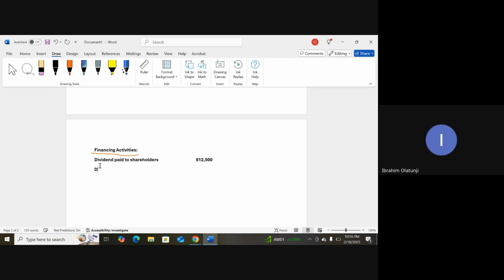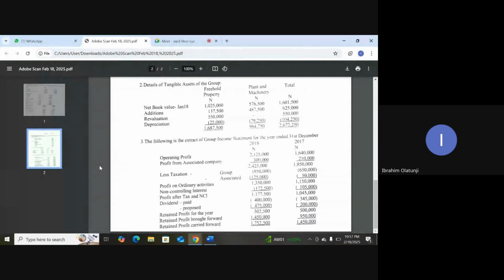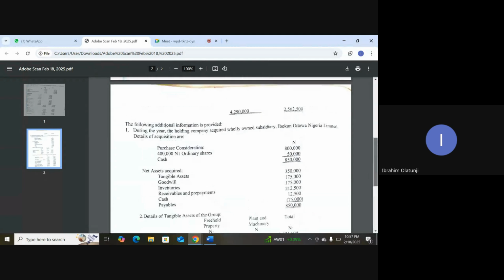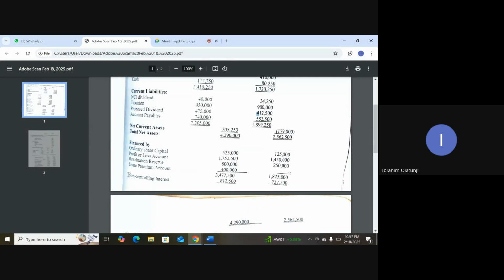Then we think of dividend paid to NCI, that is non-controlling interest. For the dividend paid to non-controlling interest, we go to our question under our balance sheet, then we look at the non-controlling interest. Can you see non-controlling interest?